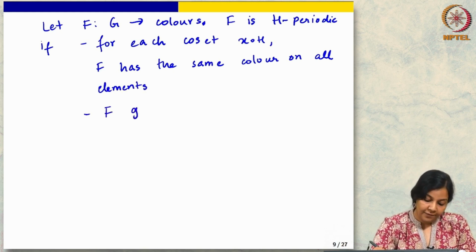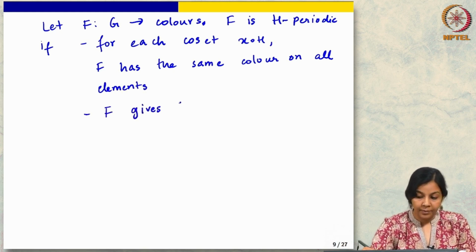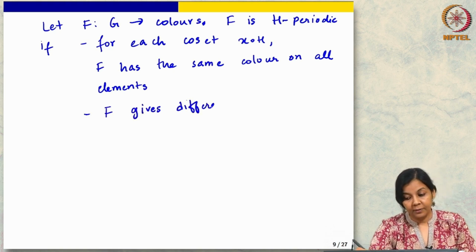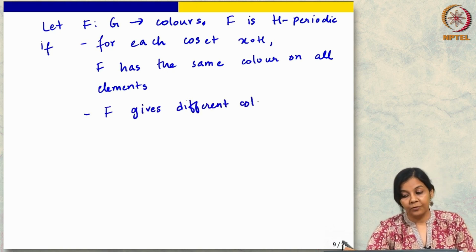And F gives different colors to different cosets.